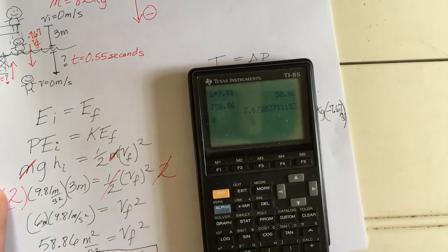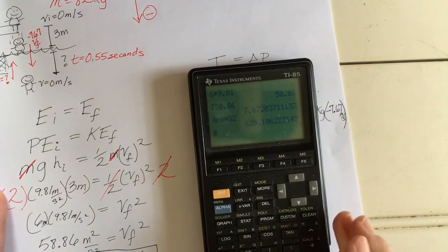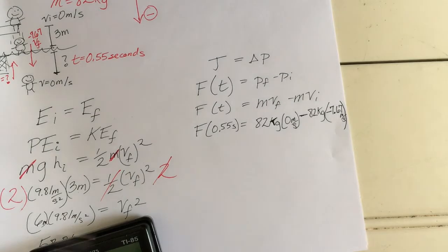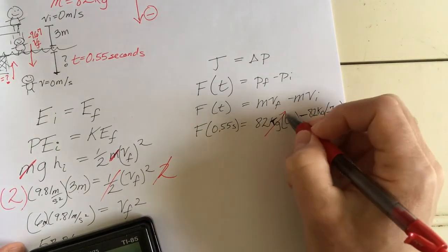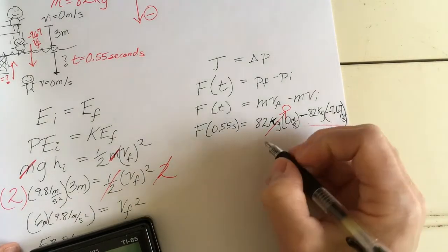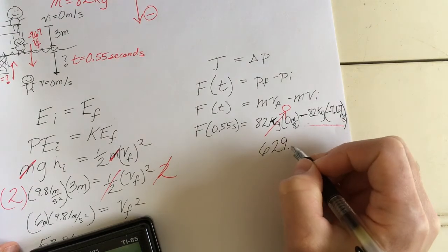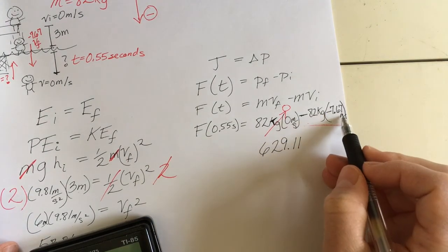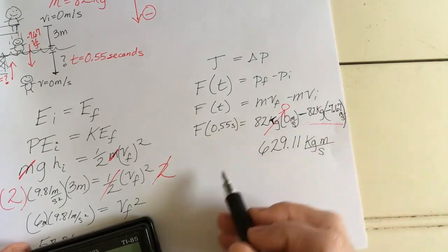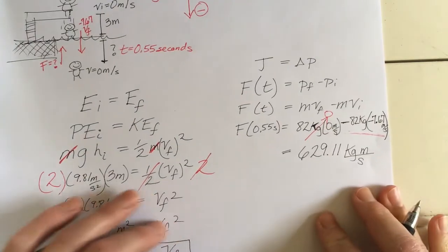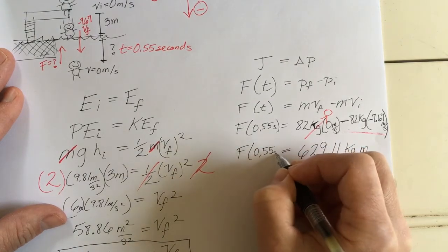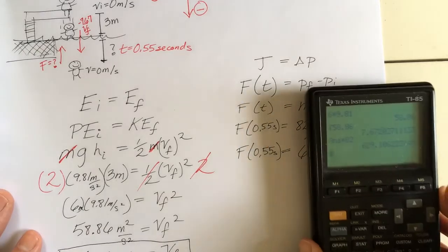So I'm going to multiply those two. 82 times 7.67 is roughly 629.11. 82 times 0 is just 0. The units are kilograms times meters per second. That is equal to F times 0.55 seconds.